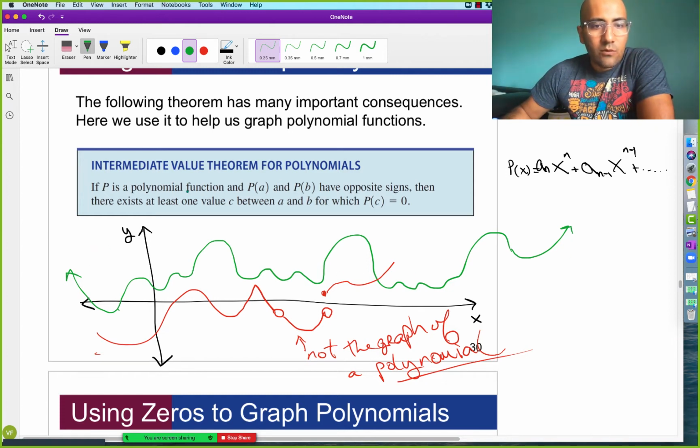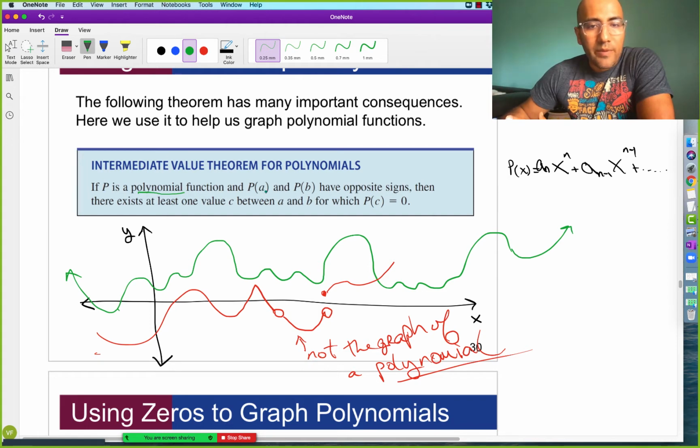Given that we're dealing with a polynomial, we know that the graph is going to be smooth and continuous, no sharp corners, no holes, it will never jump. Knowing that we're dealing with the graph of a polynomial, this statement says that if we know that there is one point A such that P of A is the opposite sign of P of B, right?